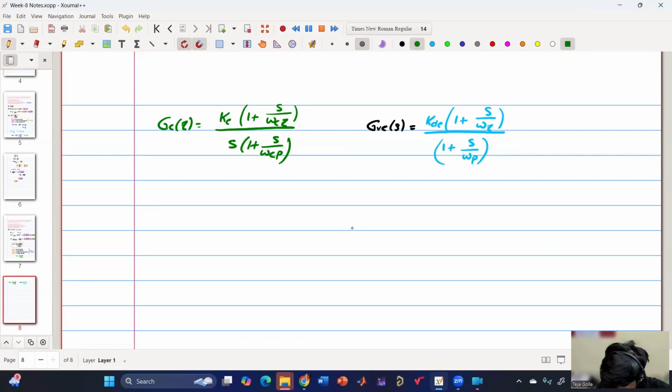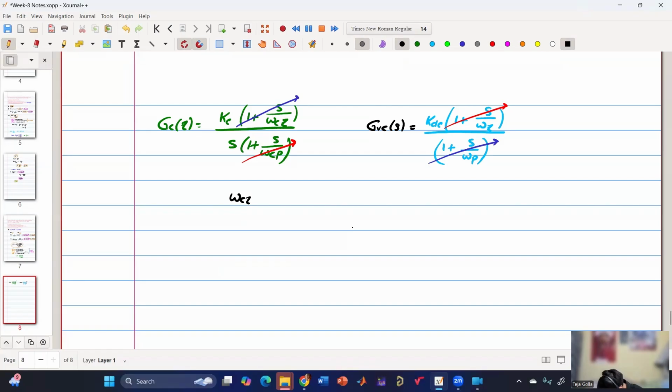So this numerator will be cancelled with the denominator, and this numerator will be cancelled with the denominator, giving us two equations. One is omega CZ is omega P, and omega controller pole is omega ESR.